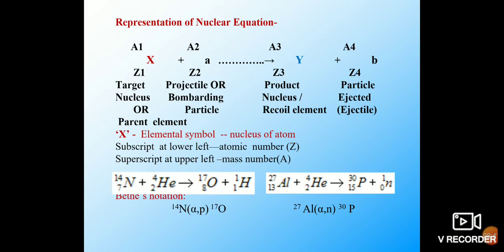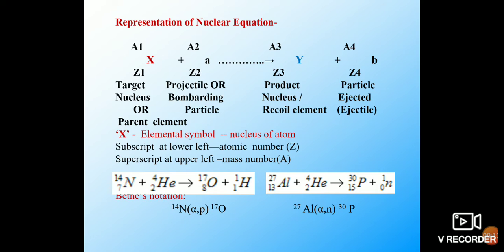The first position, whatever element we write there, is supposed to be the target nucleus. At the second position, we write the bombarding particle, that we call a projectile. Then the third position represents the product nucleus, and the fourth position represents the ejectile.